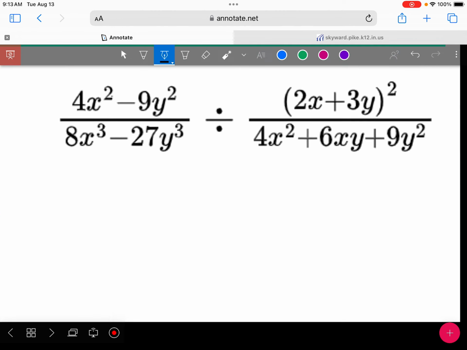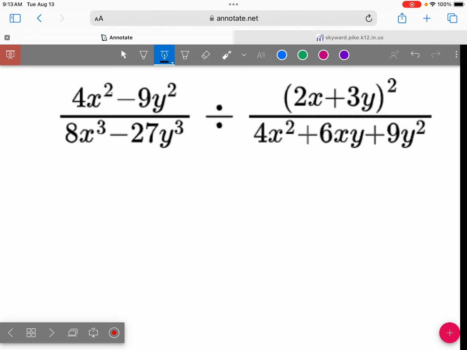There's a lot of pieces and a lot of variables here. I'll give you guys a second to write it down because I know it's a lot.